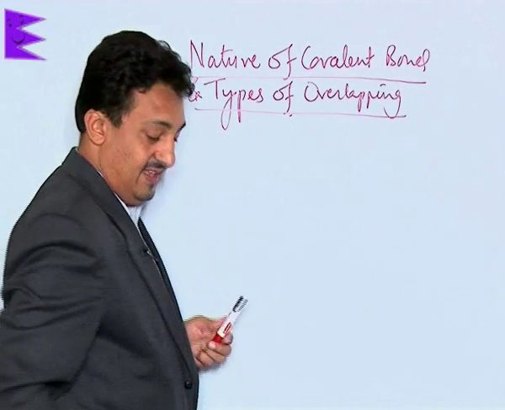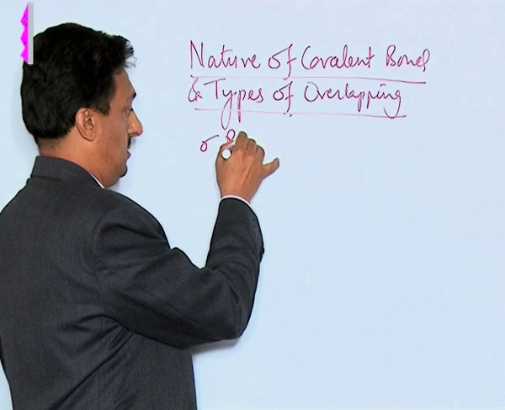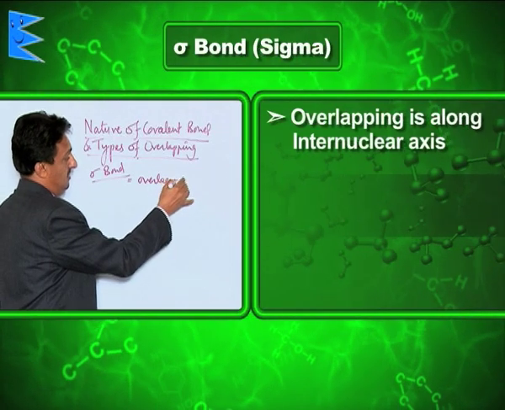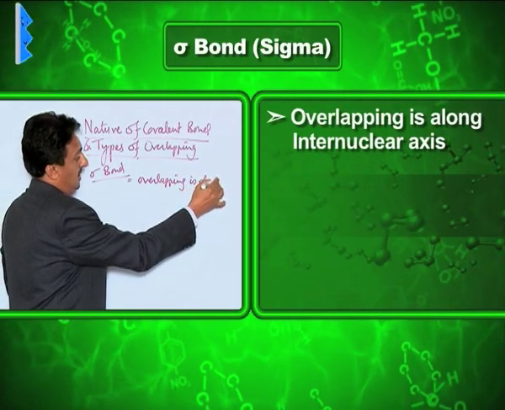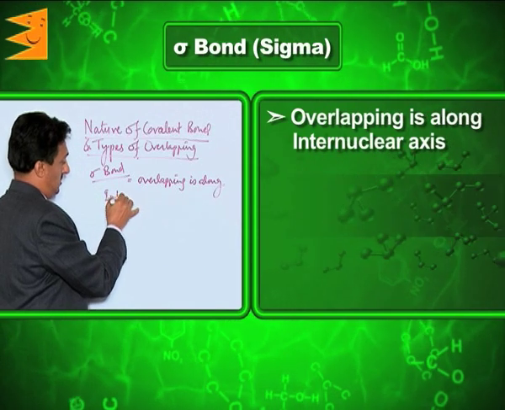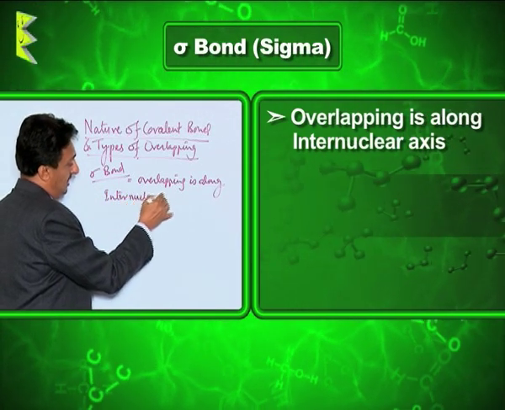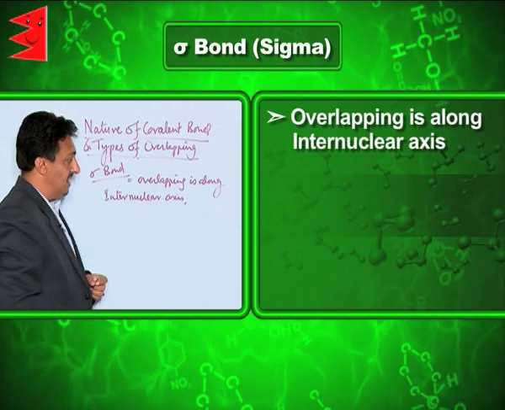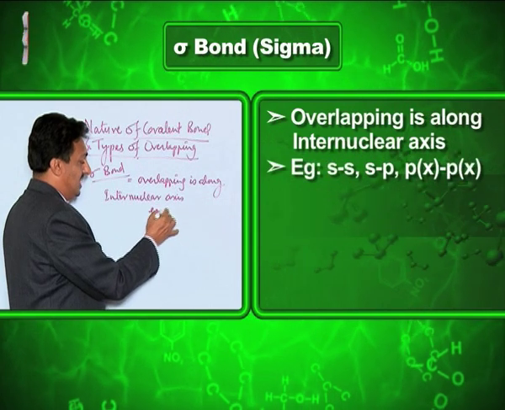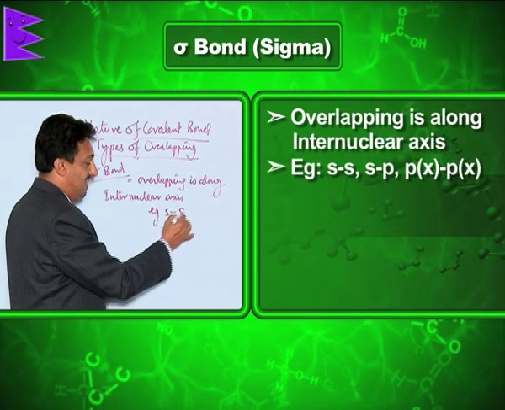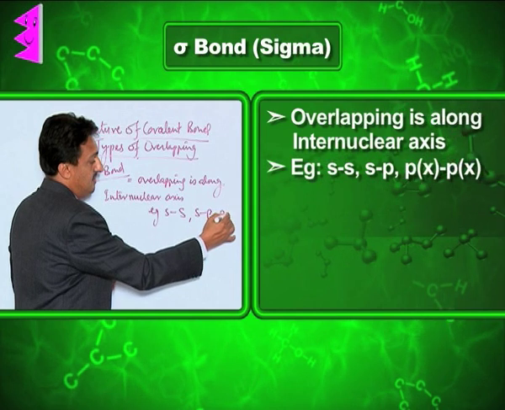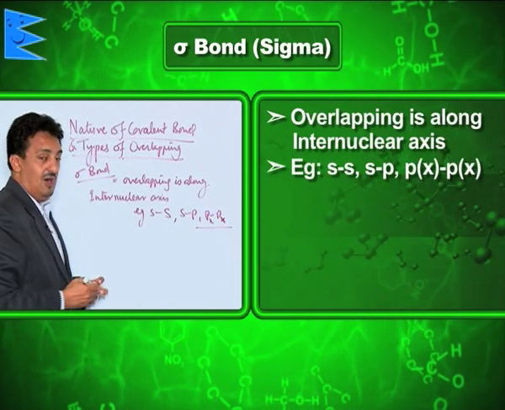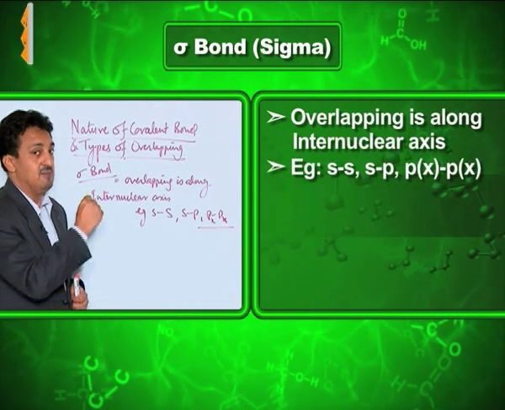Let us study both of these one by one. What exactly is a sigma bond? When the overlapping is along the internuclear axis, the bond formed is called sigma bond. Examples of this type of overlapping are what we have done just now: s-s, s-p, and of course px-px. These overlappings always result in the formation of a sigma bond.